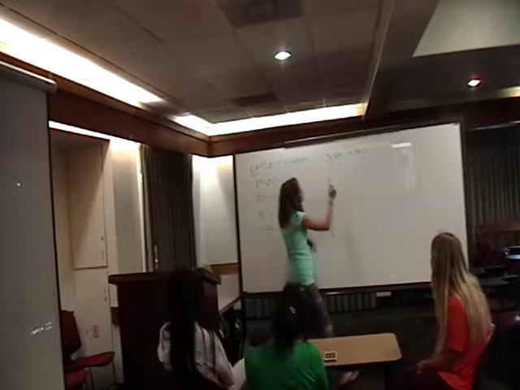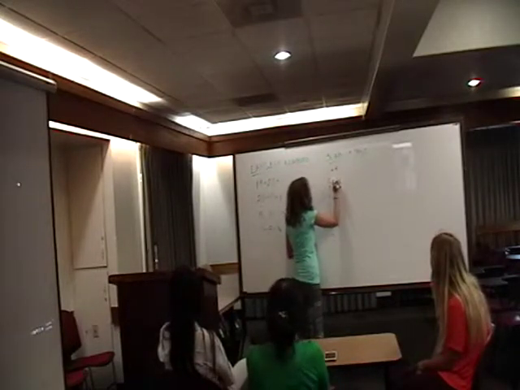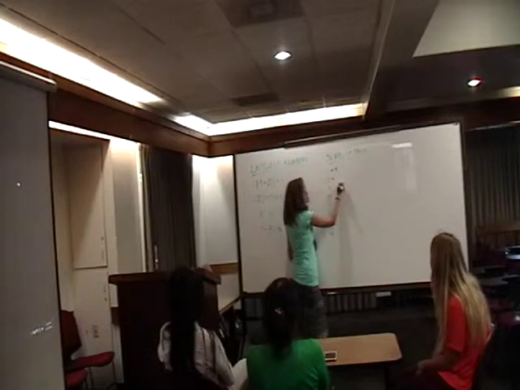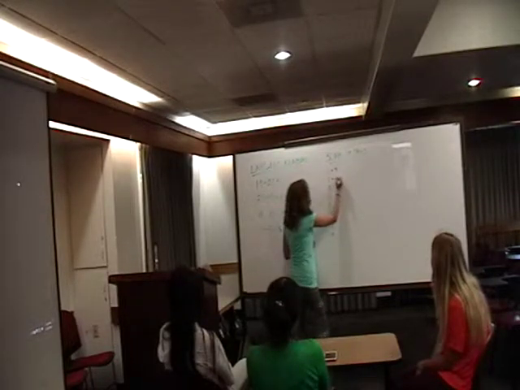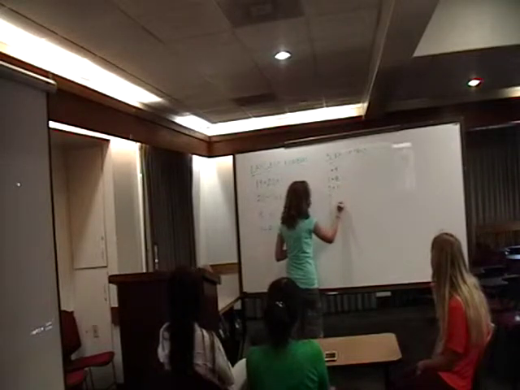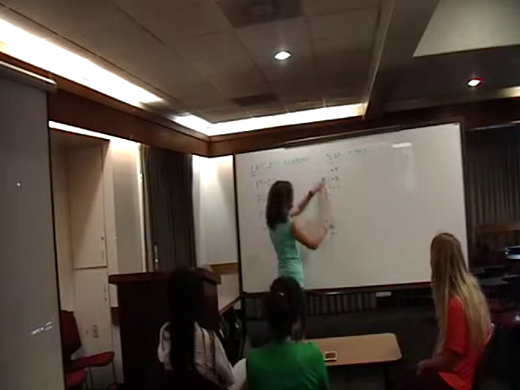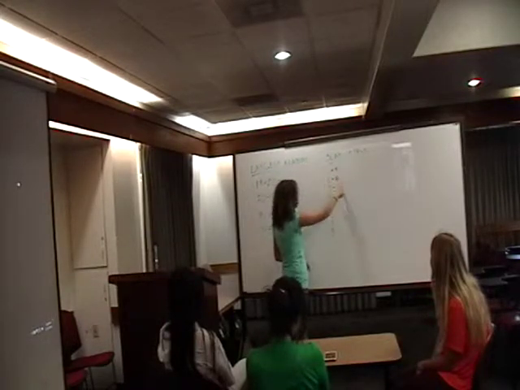So with 1, what would go together to make 10? 9. And then with 2? 8. And 3? 7. Do you see how it's also the opposite? How you're going down this way, but then you're starting higher and going lower?